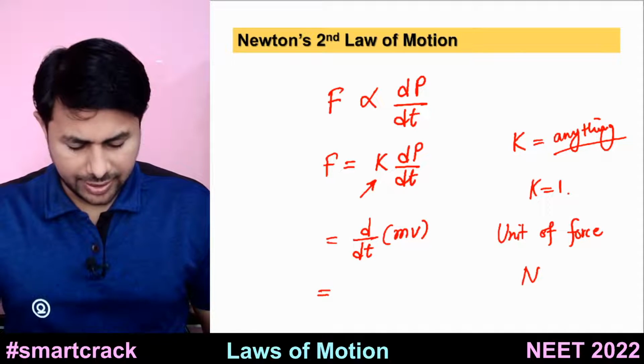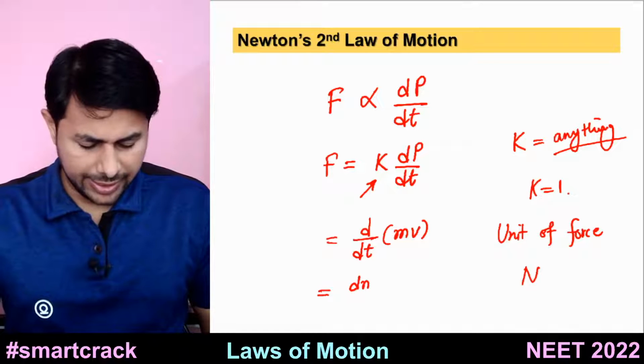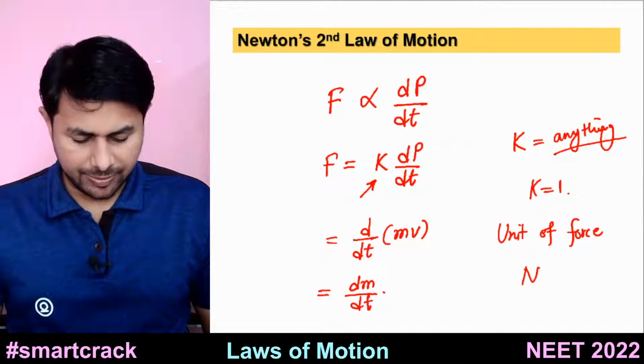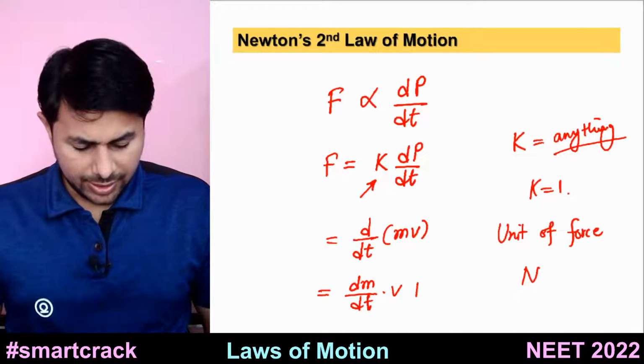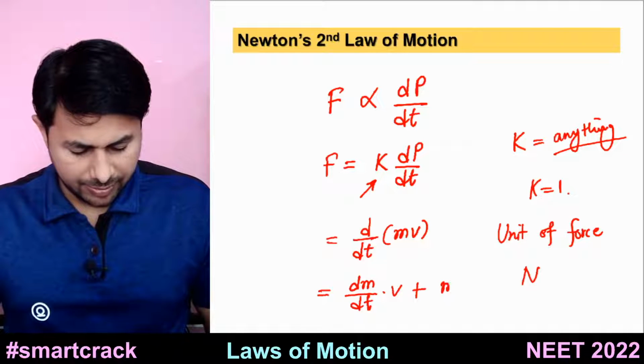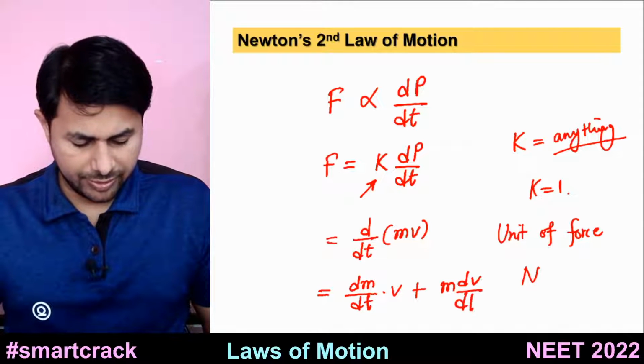If you take its derivative, then you have dm by dt. Okay. So the derivative of the first term multiplied by the second term as it is, plus the first term as it is multiplied by the derivative of the second term, dv by dt.